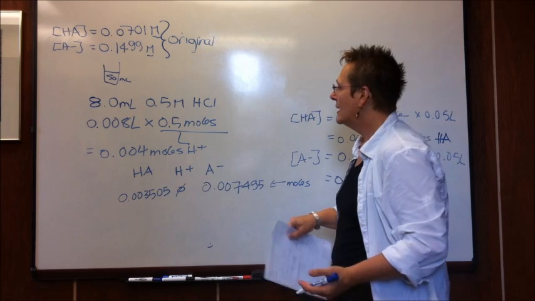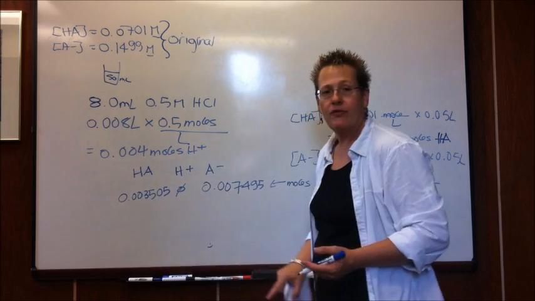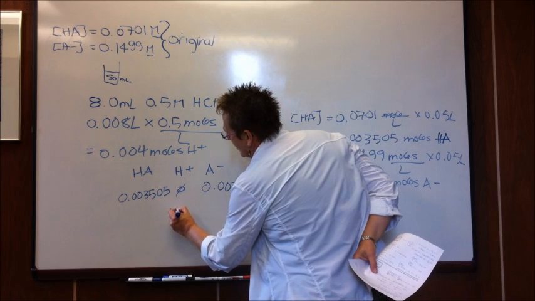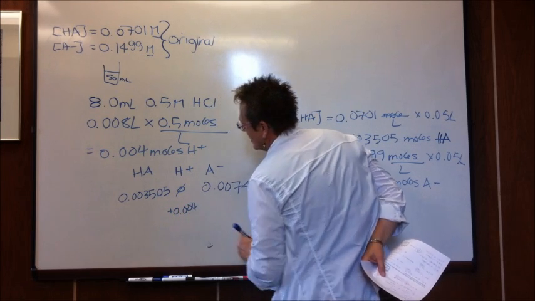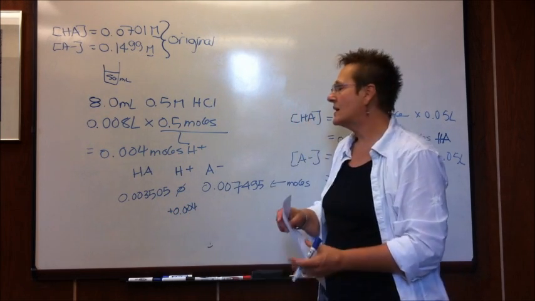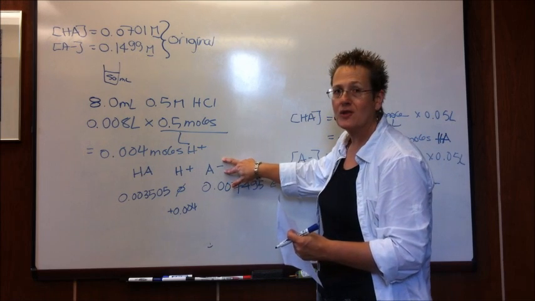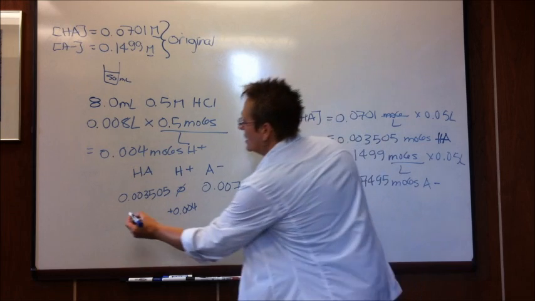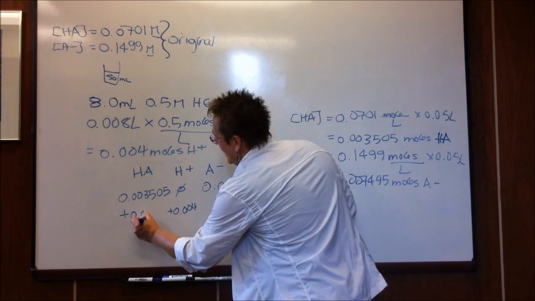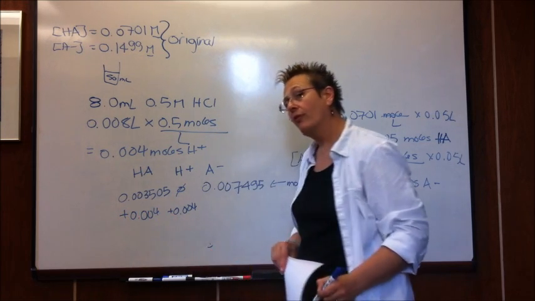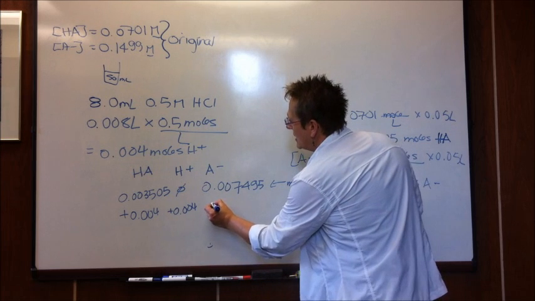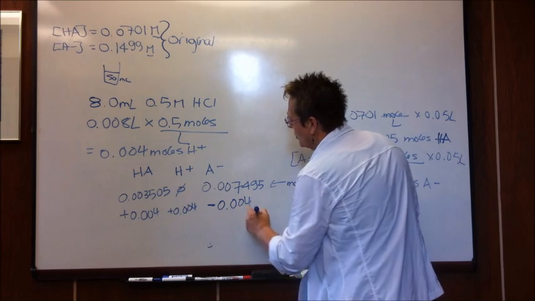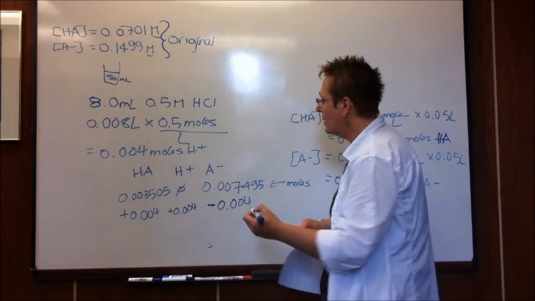What we add is 0.004 moles of H+. So I'm going to add that here. Now when I add H+, it combines with A-, so A- disappears and becomes HA. So the HA pool is going to increase by 0.004 moles, and the A- pool is going to decrease by 0.004 moles, because we're combining with it.